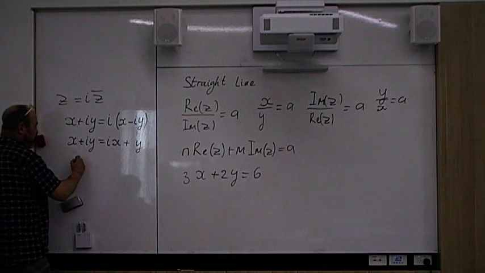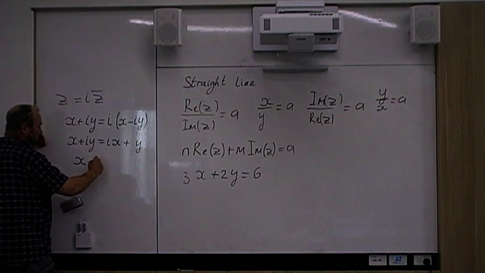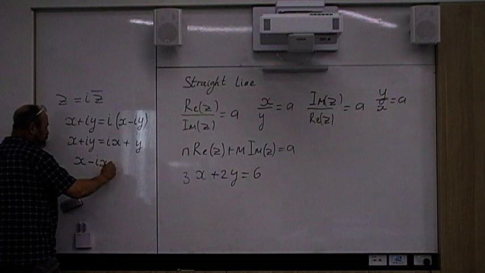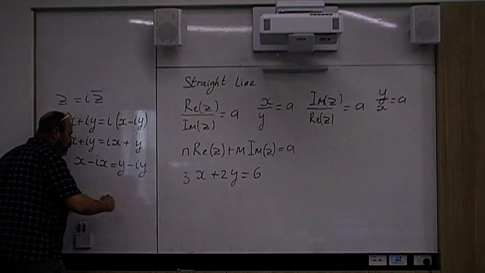We can rewrite this as x minus ix equals y minus iy.